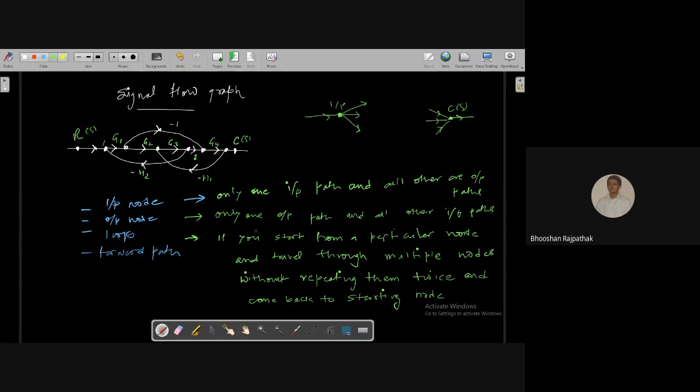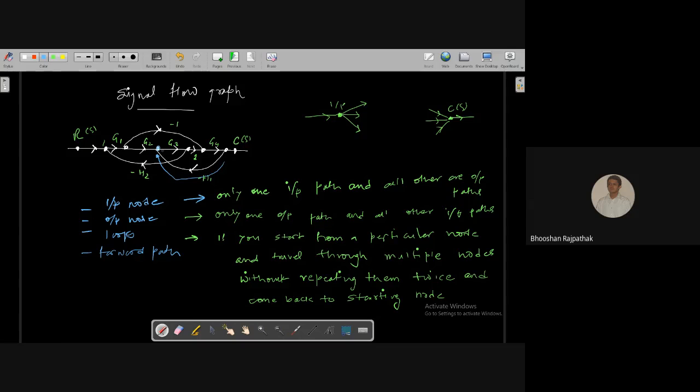So if you start from a particular node and travel through multiple nodes without repeating them twice and come back to the starting node again, then it is called a loop. So in a loop, only one node will be repeated, and that will be the starting node.